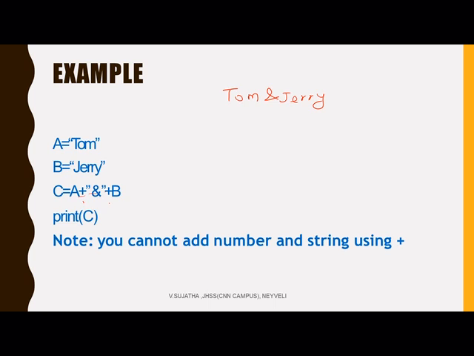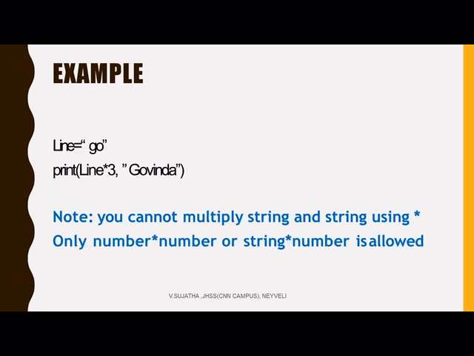For example, you cannot give 5 plus Tom. It should not be like this, because one operand is an integer and the other operand is a string, so you cannot do like this using the concatenation operator.